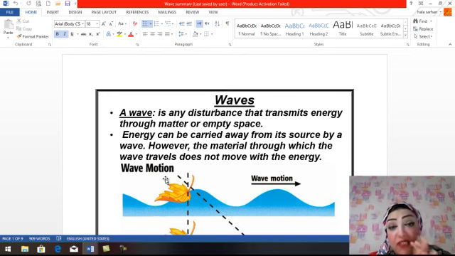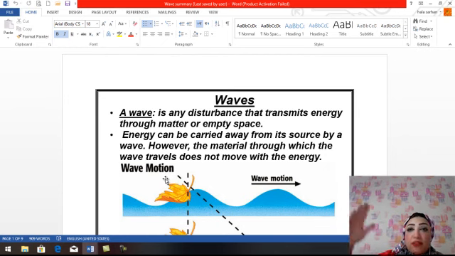So energy is never lost. Energy is transmitted from one point to another. The energy or the wave is transmitted from its source to another point, and from that point to another point. This is called wave motion. If you look at the sea, you can see that the waves of the water are moving, and you can also see that the ships are moving.